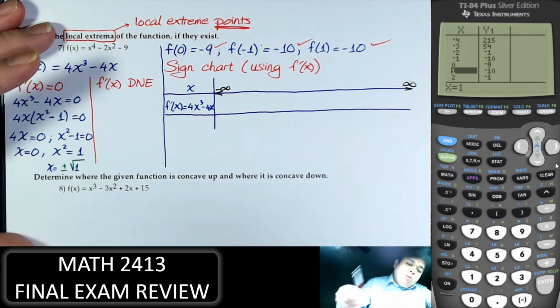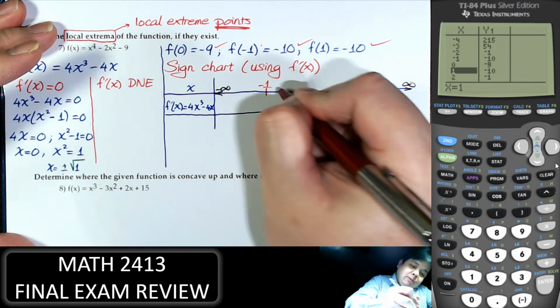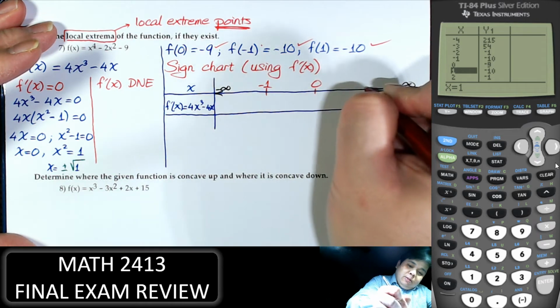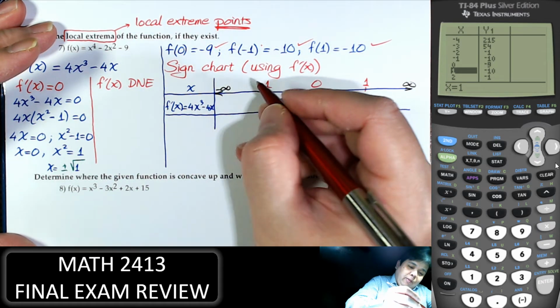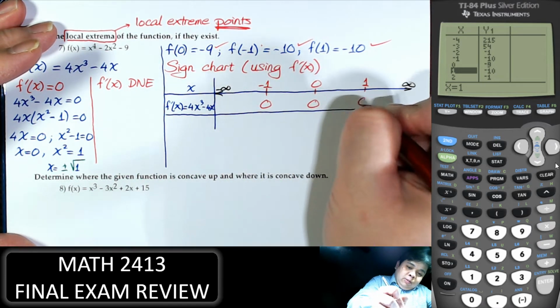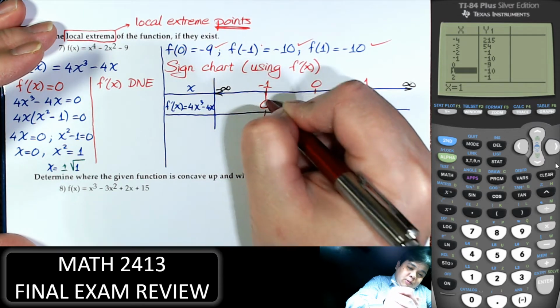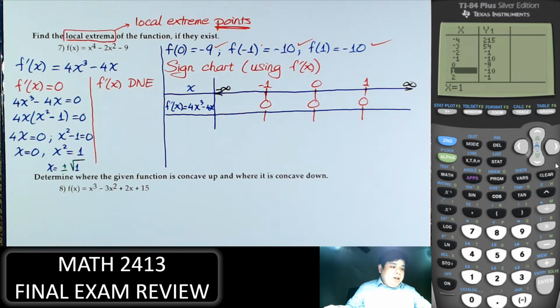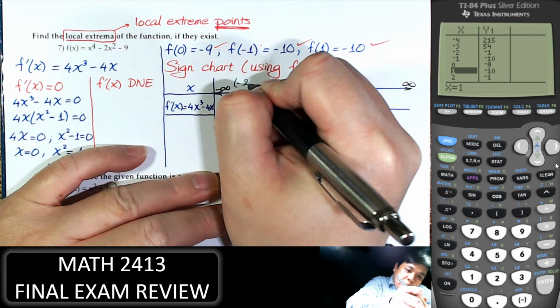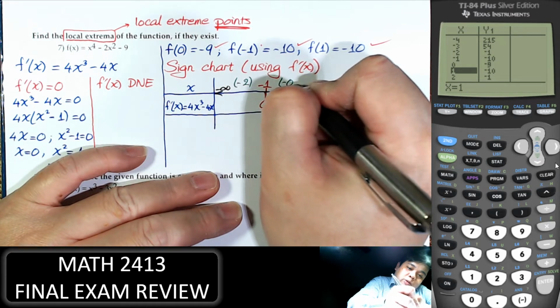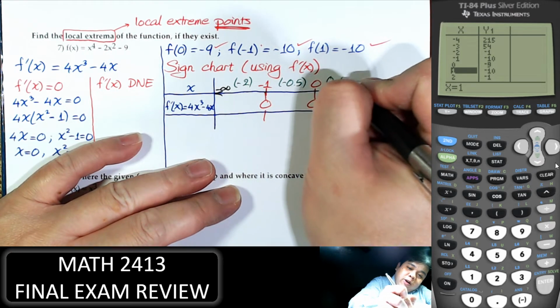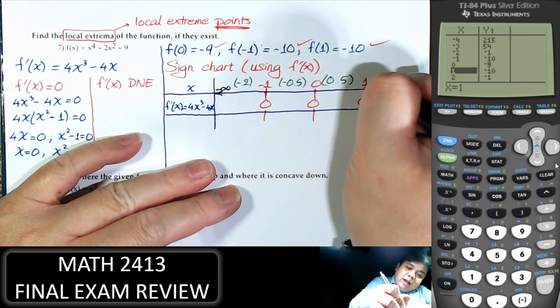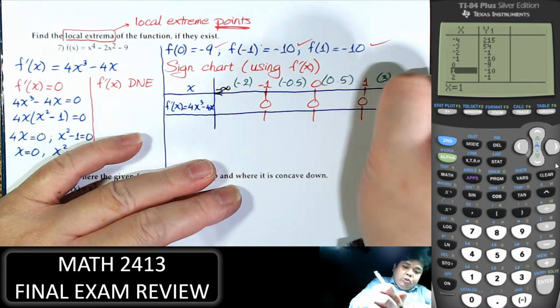Those are critical points, all of those where the function equals 0. Right, test points: negative 2, negative 0.5, 0.5, and then 3 or 2, doesn't matter.